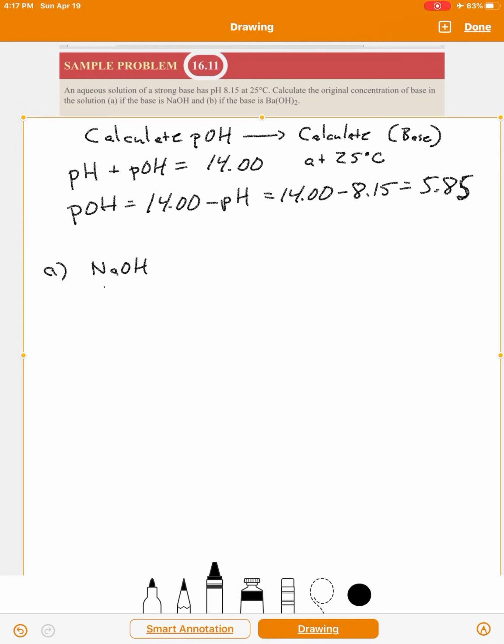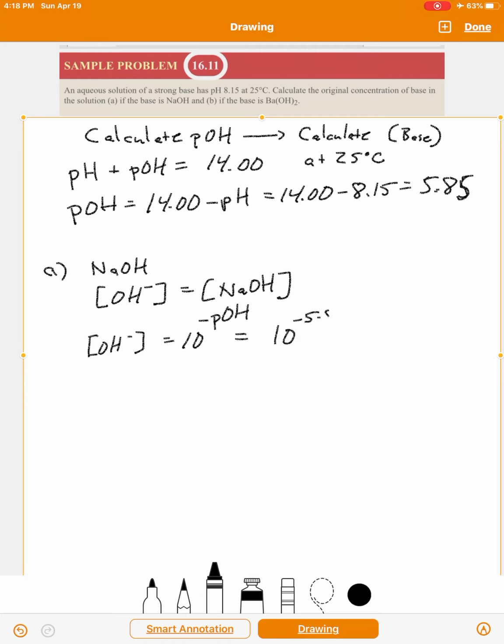So since it's a strong base, the concentration of hydroxide is going to be equal to the concentration of sodium hydroxide. So we can figure out the sodium hydroxide concentration just by finding the concentration of hydroxide. And how do we do that? Well, concentration of hydroxide is 10 to the minus pOH. It's a nice relationship. So that would be 10 to the negative 5.85.